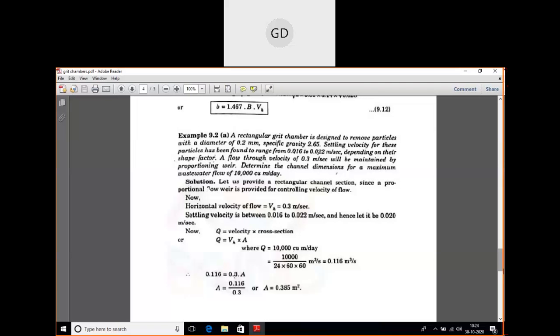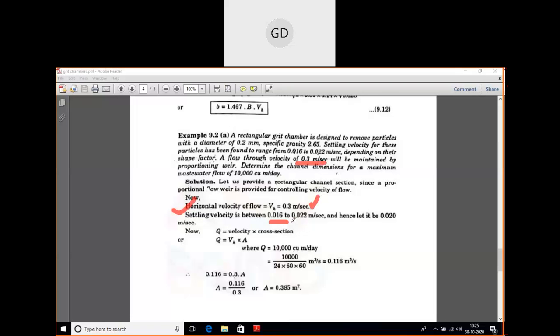Here the horizontal velocity, the flow velocity, is given as 0.3 meter per second.